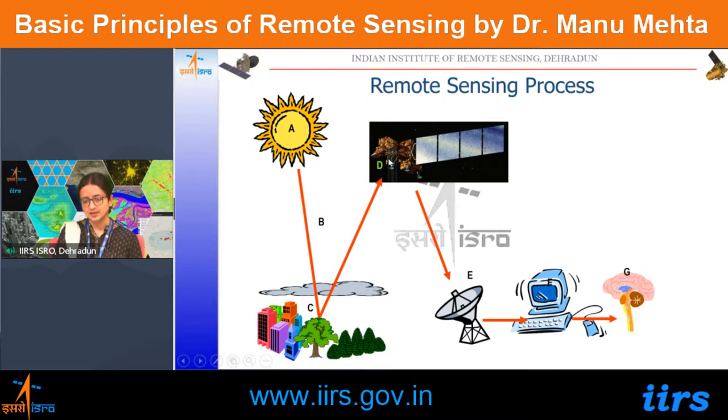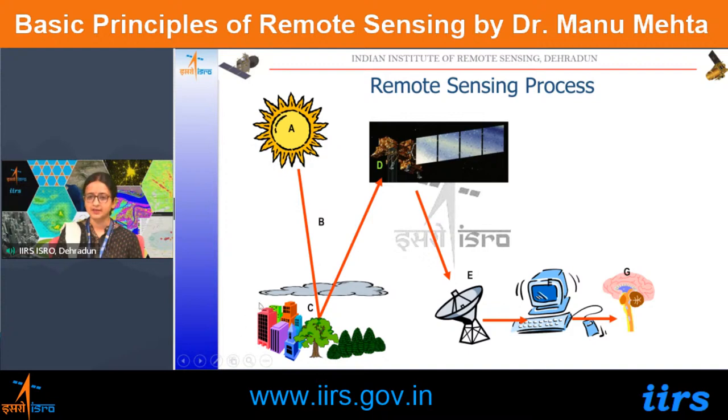This reaches the sensor, which is attached to the platform. It can be an aircraft-based platform, it can be a ground-based platform, or it can be a spaceborne platform. Now, after the information is collected here, it is again given to the ground receiving terminal, from where it is pre-processed, and then it can be given to different application groups.